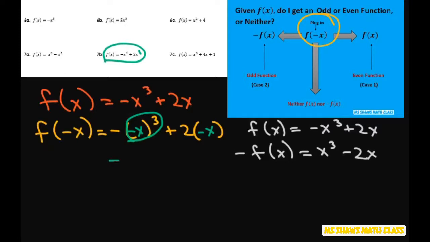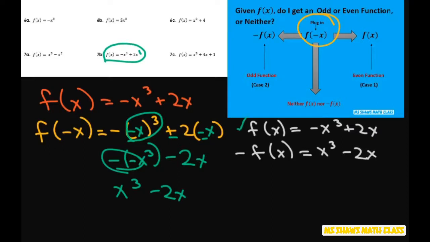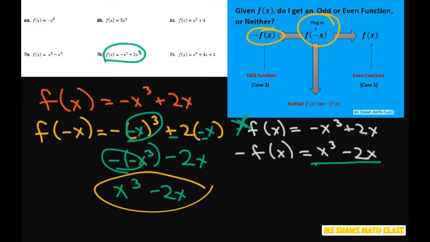So I still have negative times negative x cubed. This positive and negative is going to be minus 2x. Now I have 2 negatives, that makes it a positive. So does it look like this one? No. So that's a no. Does it look like this one? Yes, it does. So this one looks like negative f of x. So this is an odd function.